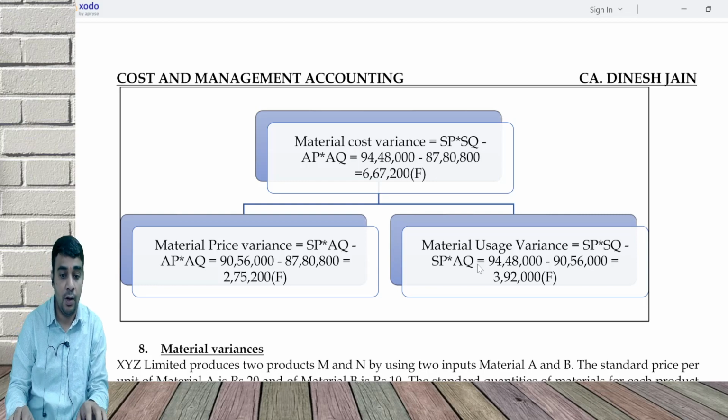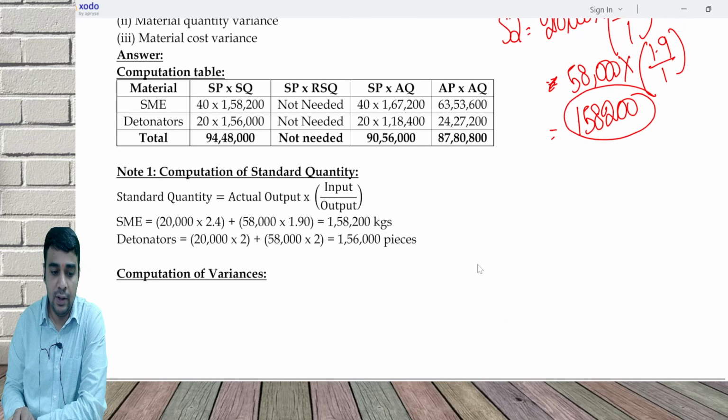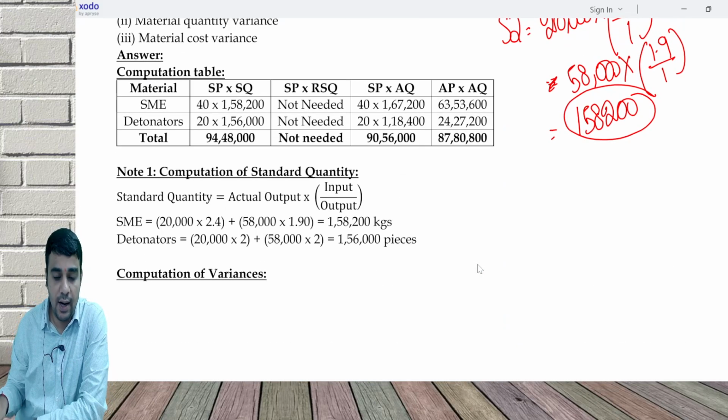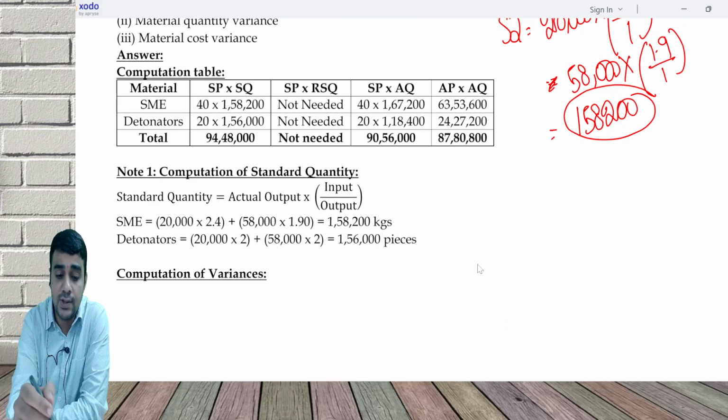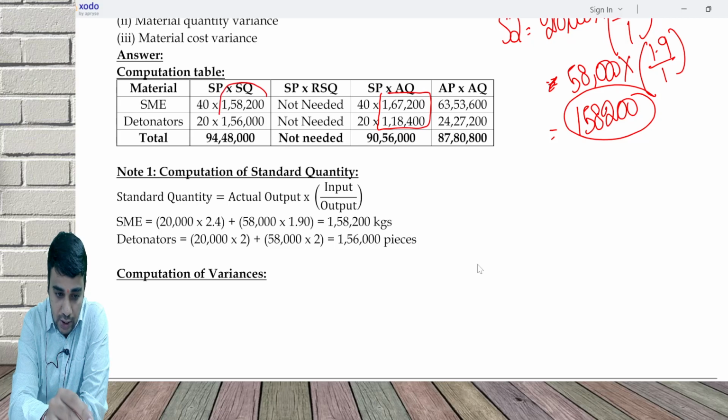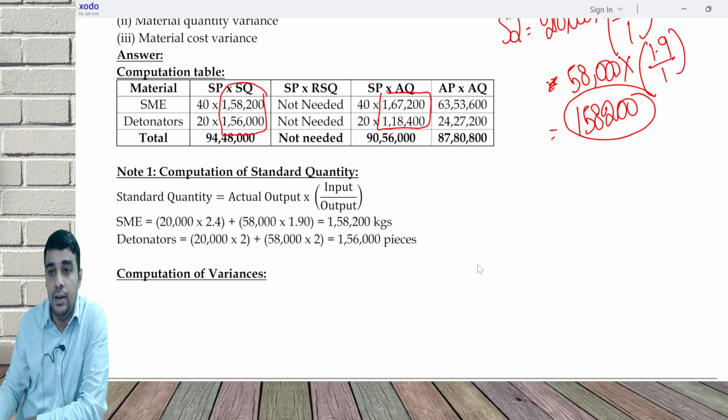Clear? Okay. In case you want to do yield variance and mix variance, RSQ is the total of this in the ratio of 1582 is to 1560, because we have different mix.